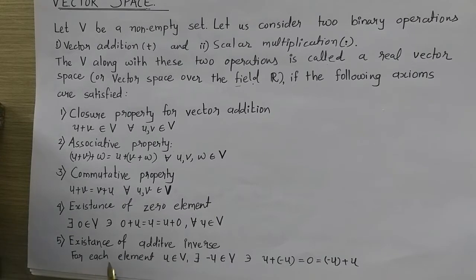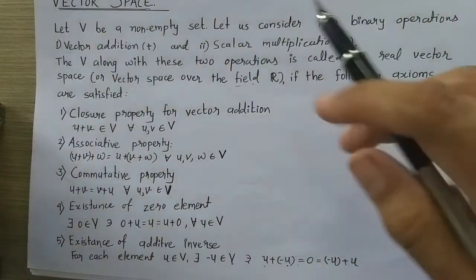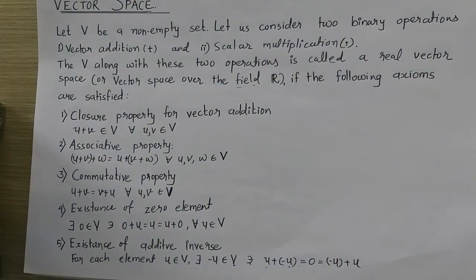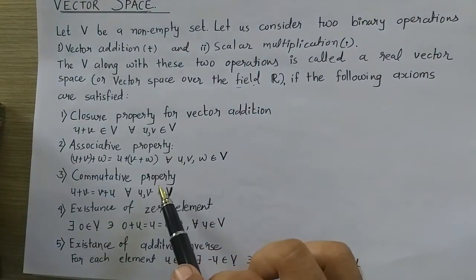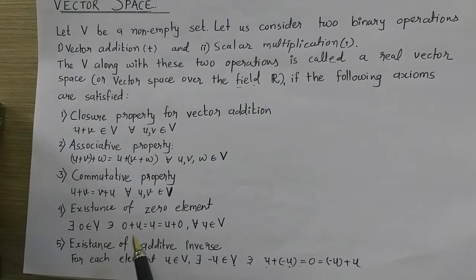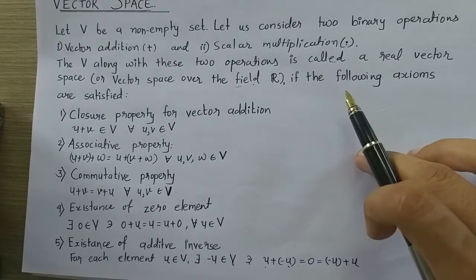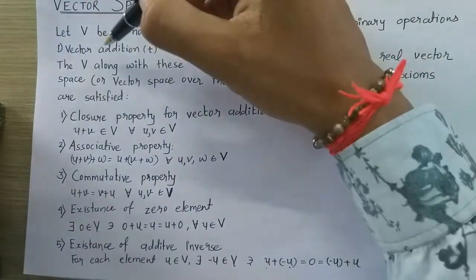That means for each element u belongs to V, there exists minus u belongs to V such that u plus (minus u) is equal to 0 is equal to (minus u) plus u. Now these five properties are: closure, associative property, commutative property, existence of zero element and existence of additive inverse. These five properties are for the vector addition.